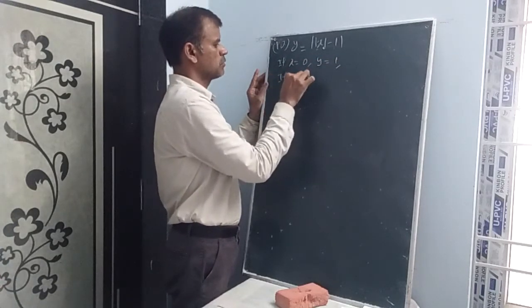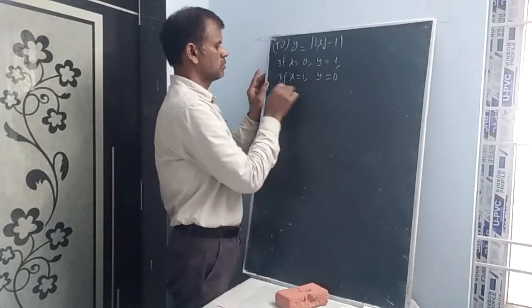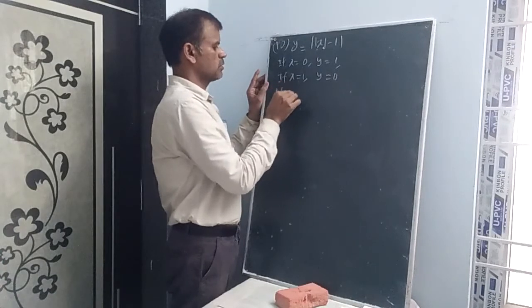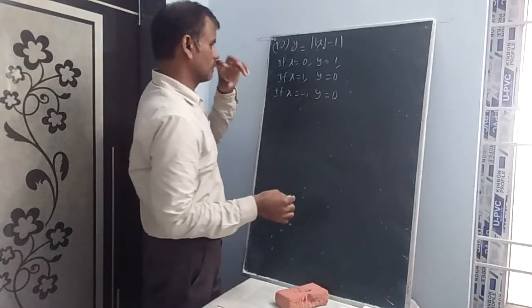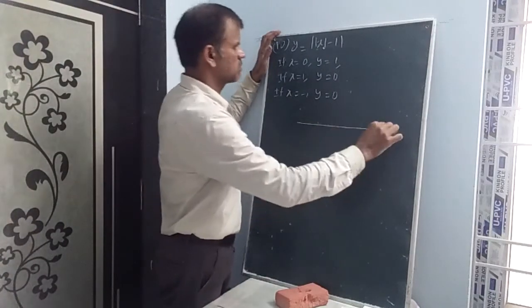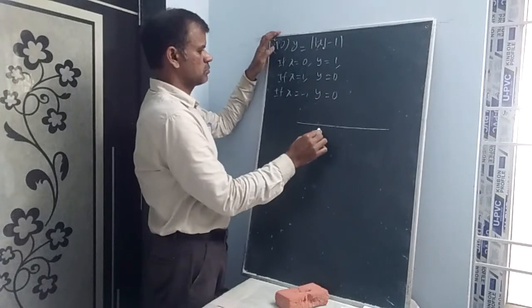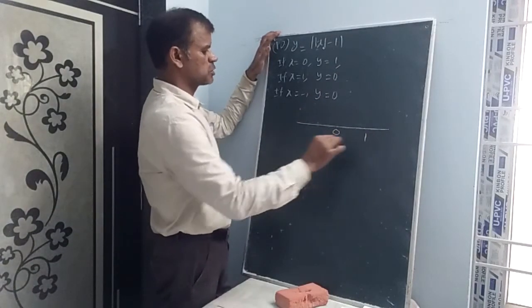If x is equal to 1, y is equal to 0. If x is equal to minus 1, y is equal to 0. And let us write the values like this: at 1 and minus 1 we got 0.